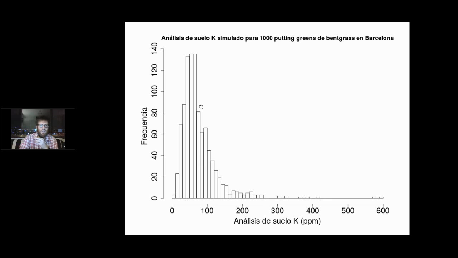You see the peak is in the range of 50 to 60, 60 to 70, 70 to 80. There we have over 130 greens in each one of those bins. Then we come out to 580, there's another one, but there's not very many. So this is a histogram of how the soil tests in those 1,000 simulated greens are.